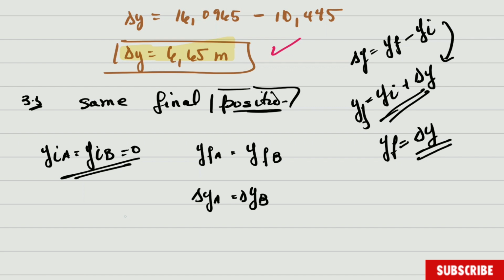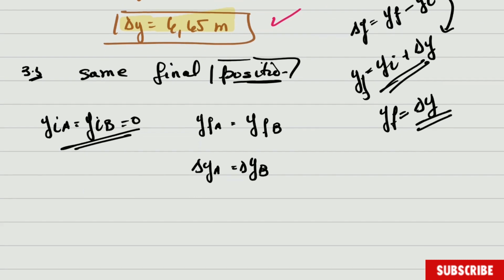So we're going to say that the initial velocity of A multiplied by the time A plus half acceleration due to gravity multiplied by the time A squared. Let's do it with space so you can see it nicely.